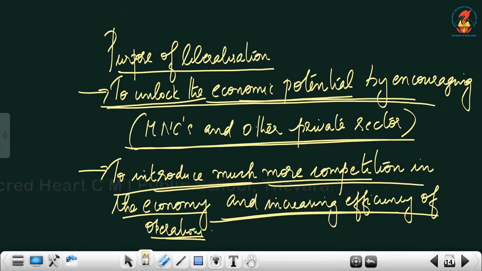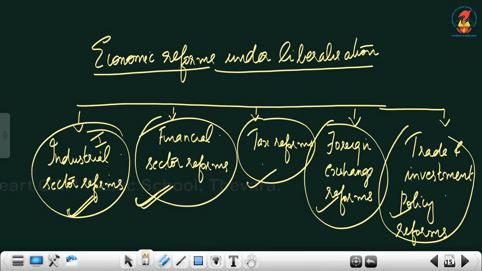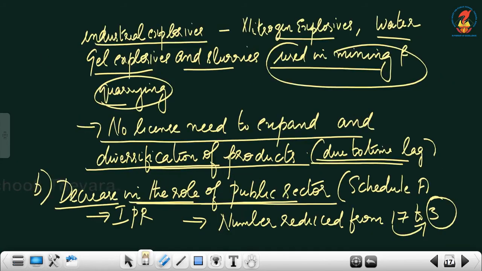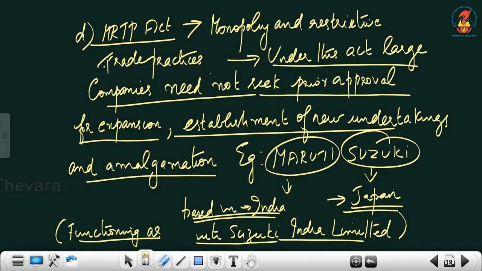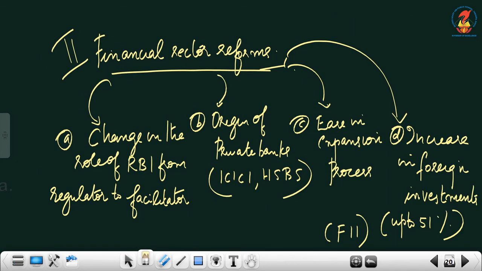I can take that chart once again for you. We are going to discuss the financial sector reforms. Now let us see what all changes were made in the finance sector. Financial sector reforms consist of 4 points. Now what all things come under the financial sector?